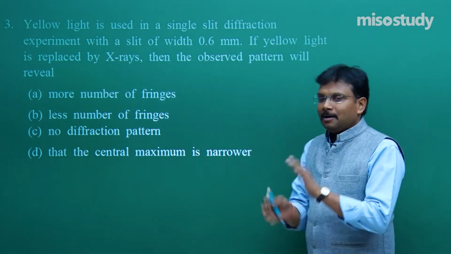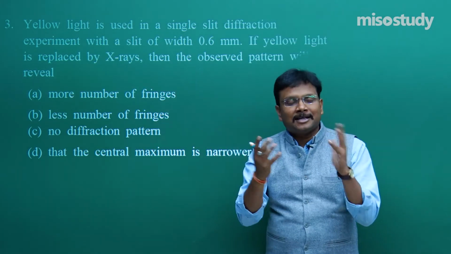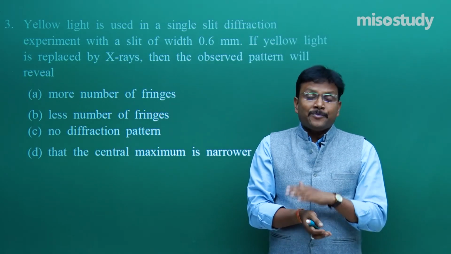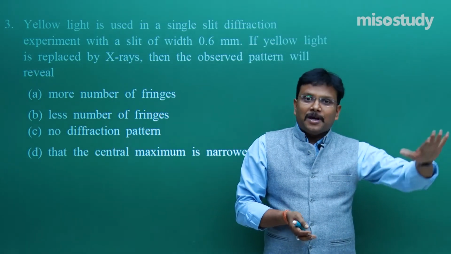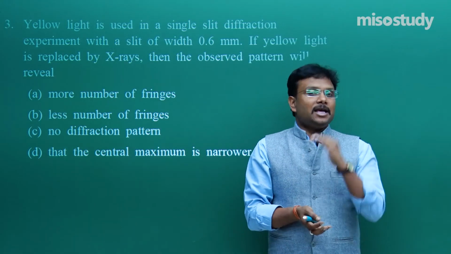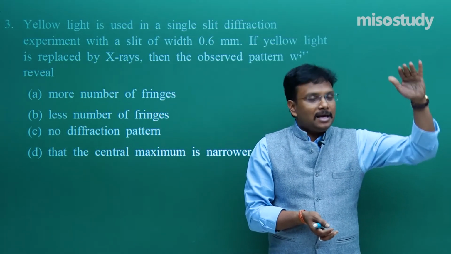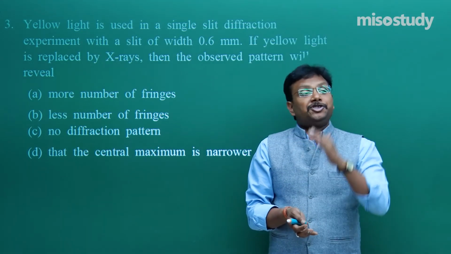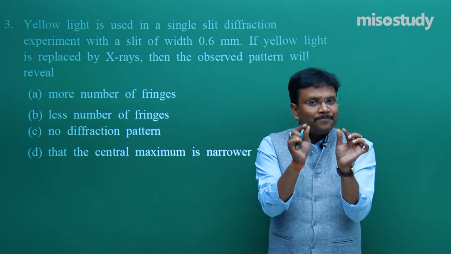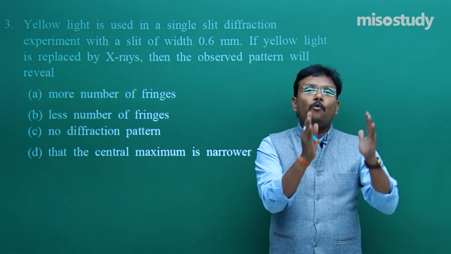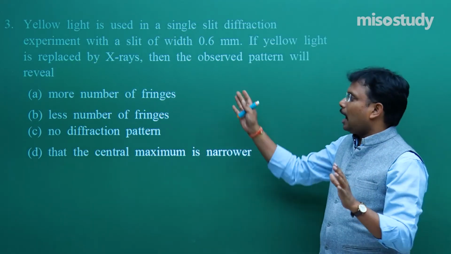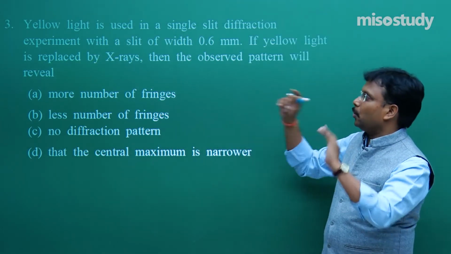Forget this question, listen to the statement: if in a diffraction pattern experiment we change the wavelength, what will happen to the pattern? Whether we increase or decrease the wavelength, sharply, you should know the variation of the pattern with wavelength. Simple. In a nutshell, the idea of this question is only this much.